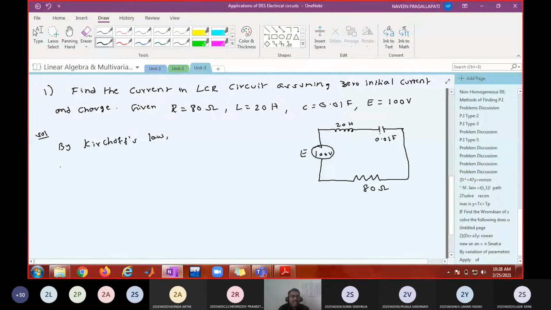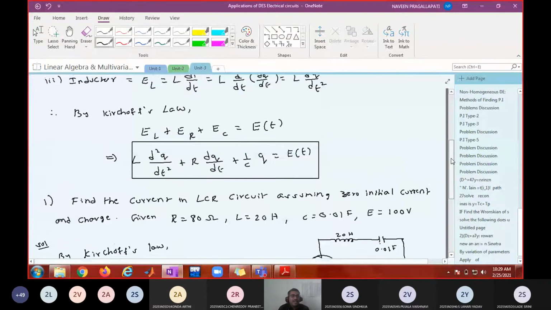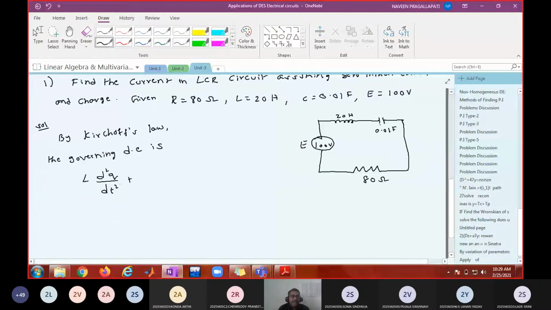what is the governing differential equation? The governing differential equation is L d²q/dt² + R dq/dt + (1/C) q = E(t).